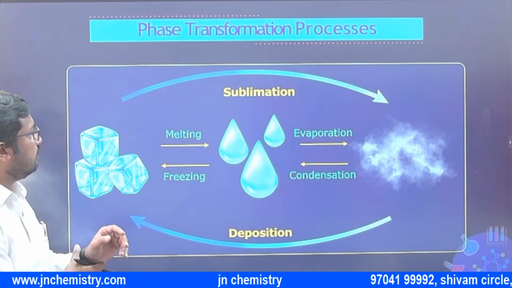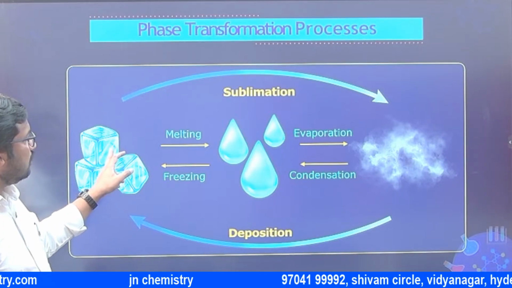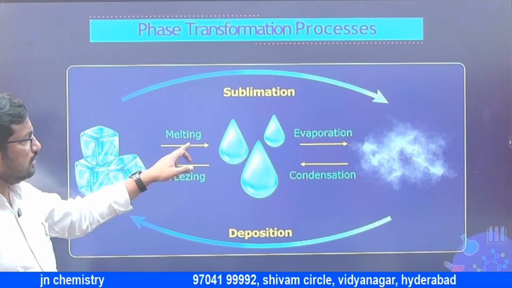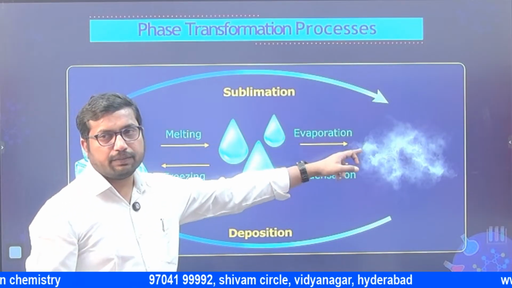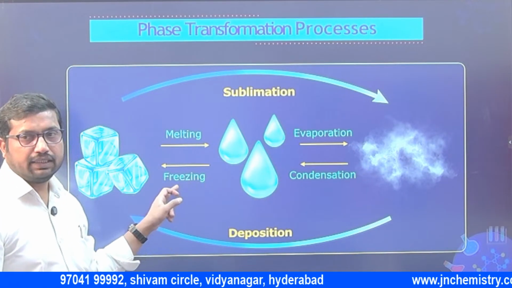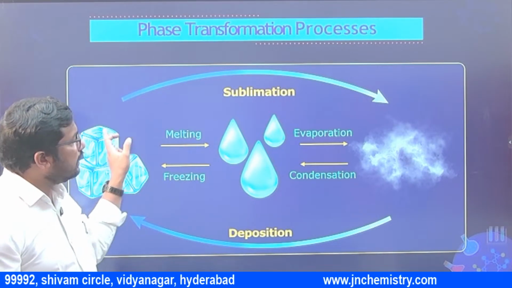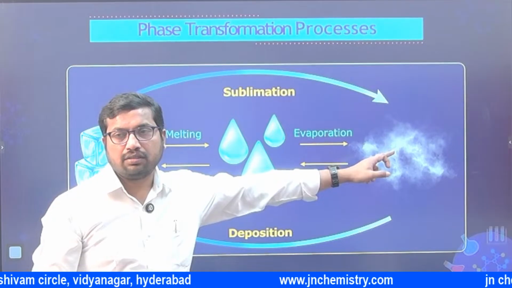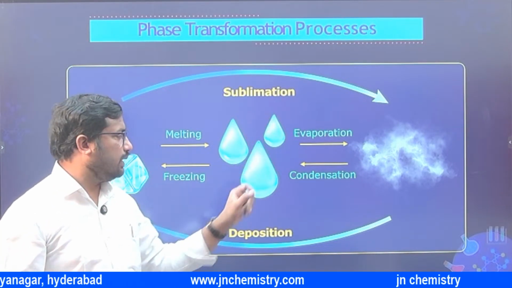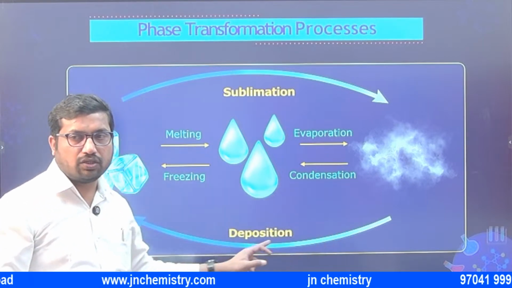Phase transformation: for example, solid to liquid is melting. On evaporation it becomes gas. On condensation it becomes liquid, and on freezing it becomes solid once again. From solid directly to gas is sublimation. Gas directly to solid is deposition.